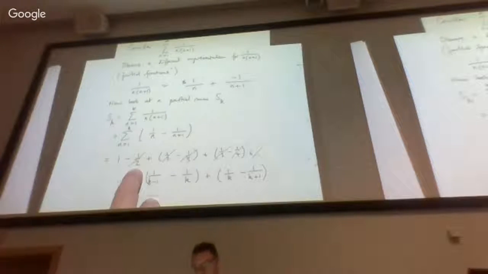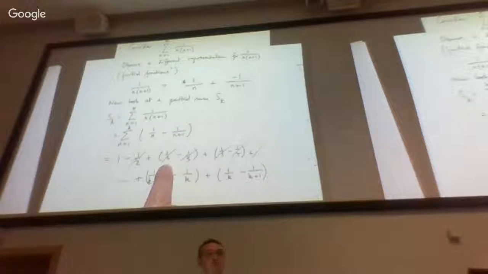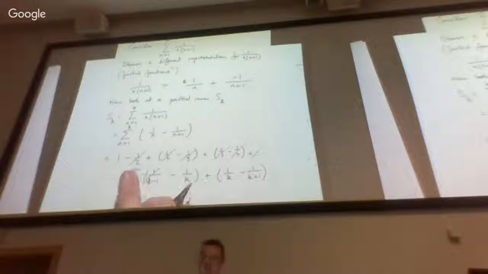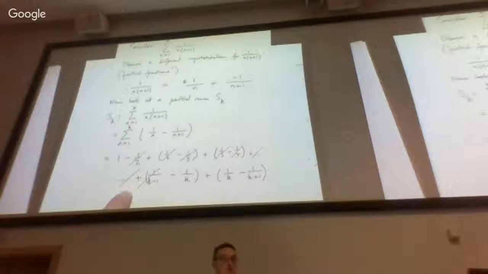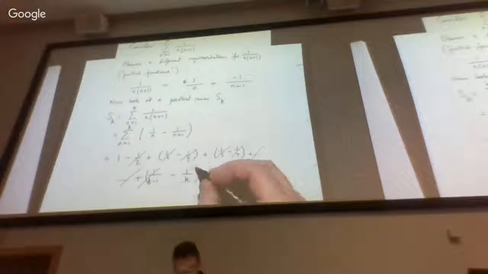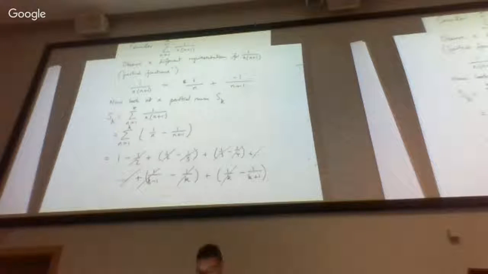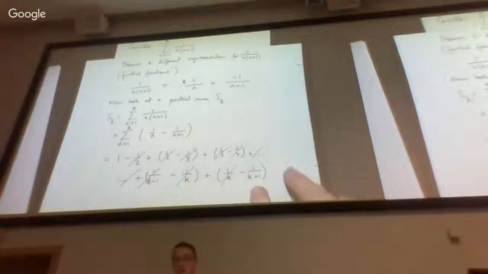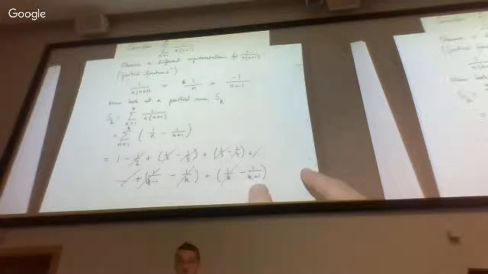see, each negative thing cancels with its positive partner, which comes after it. So this positive partner plus 1 over k minus 1, that's going to cancel with its negative partner that came once before. This minus 1 over k cancels with that minus 1. So this negative one at the end, this does not cancel, because there is no positive partner following it.